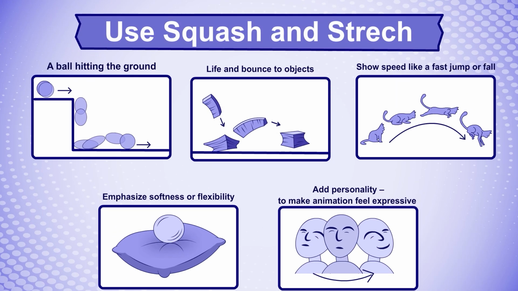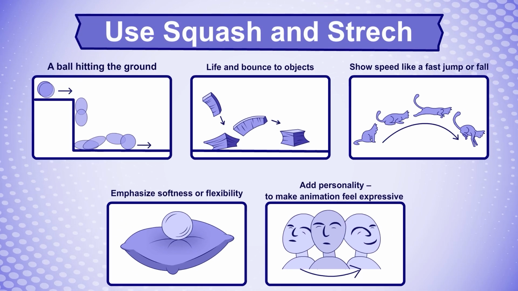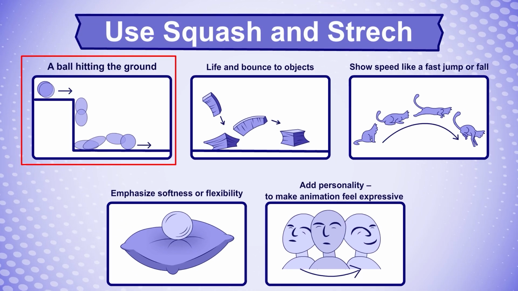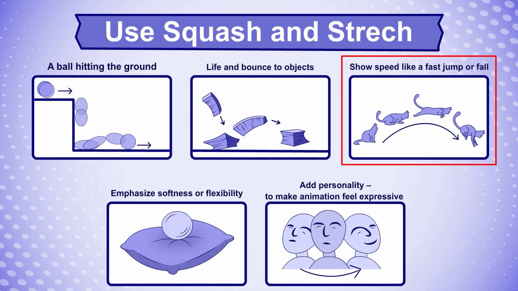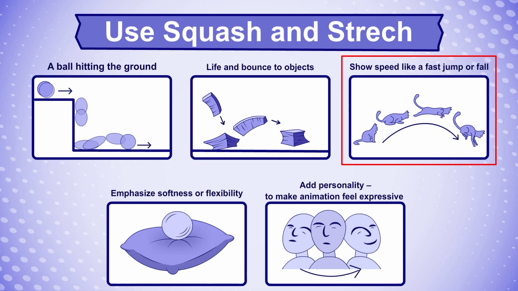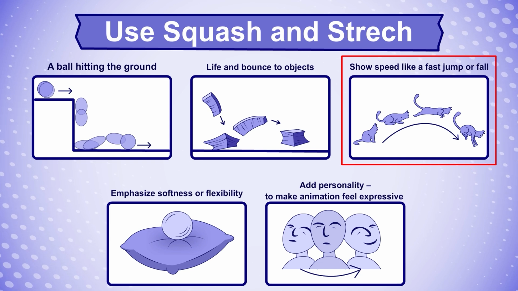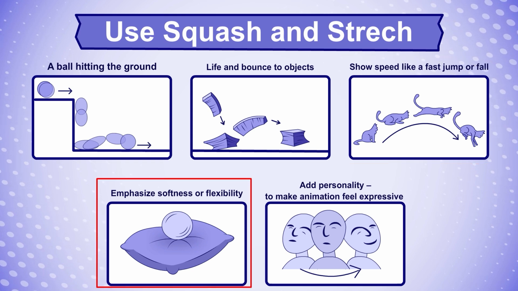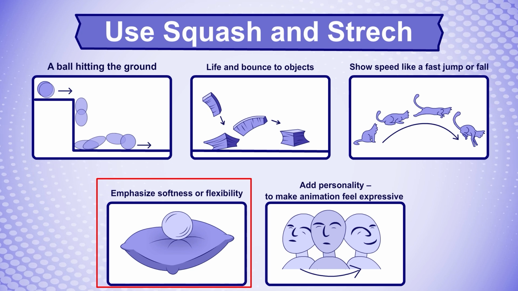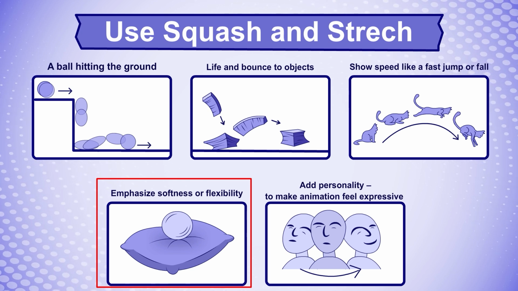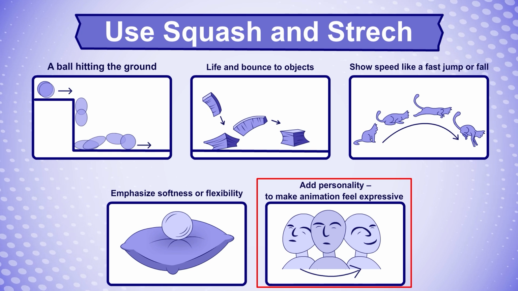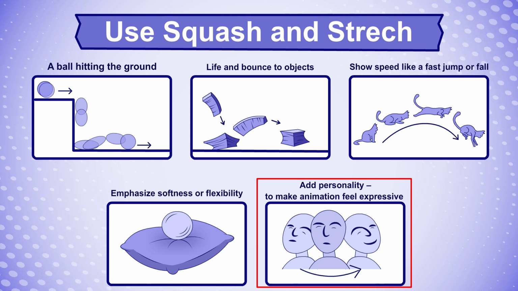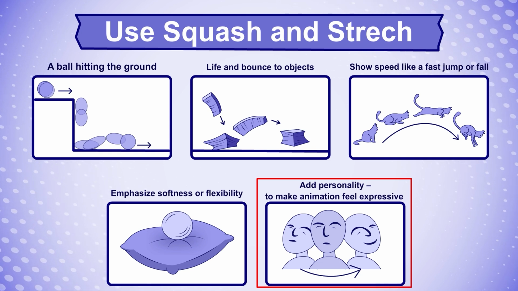Use squash and stretch when you want to show impact, like a ball hitting the ground, or add life and bounce to a character or objects. You can also use this principle to show speed, like a fast jump or fall, or to emphasize softness or flexibility like a jelly or a pillow. This animation principle comes really handy when you want to add personality to make your animation feel fun and expressive.